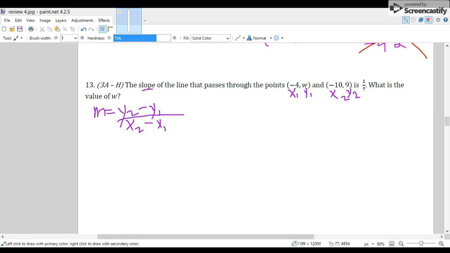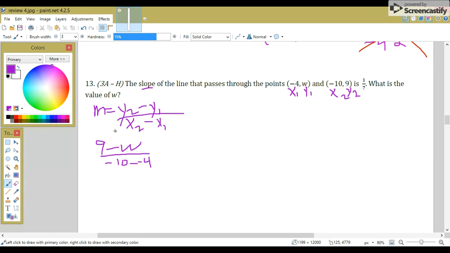So after we've recalled the formula, let's go ahead and plug in our values. So we plugged in our values and we know the slope m is 1/7. So this equals 1/7. So we've set up our proportion.